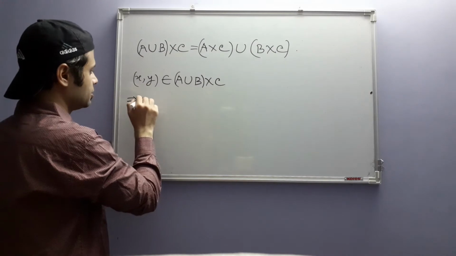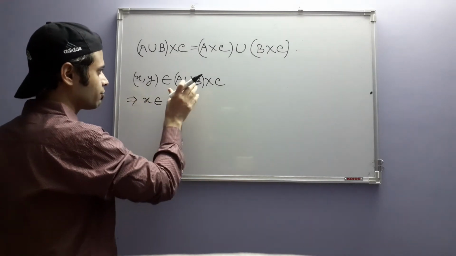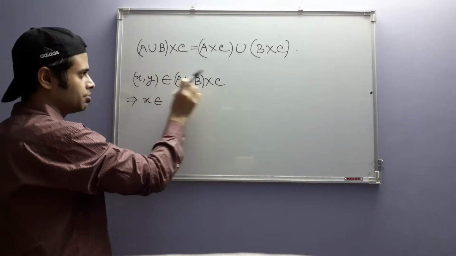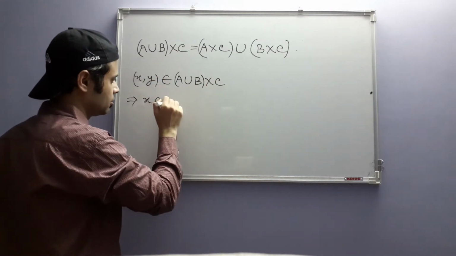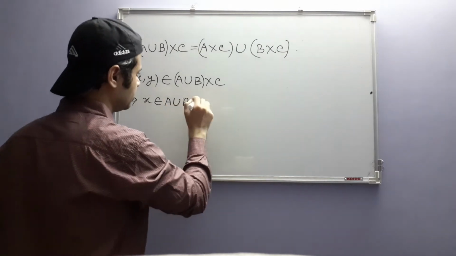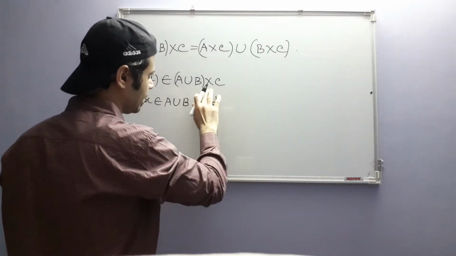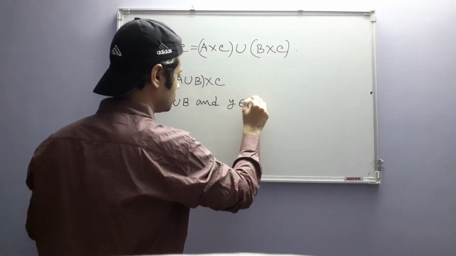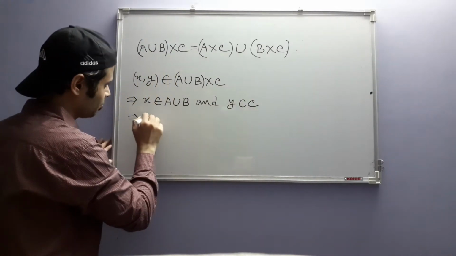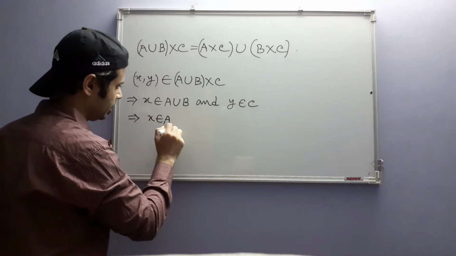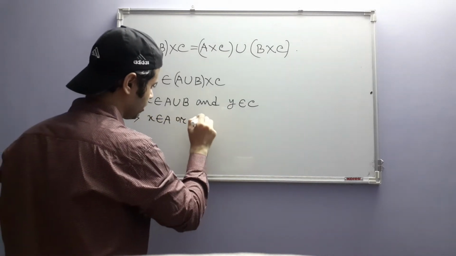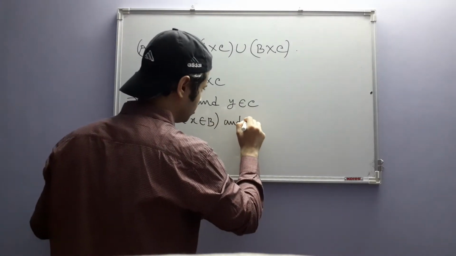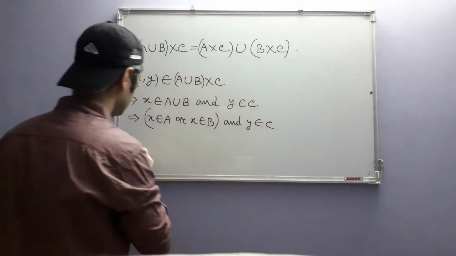This implies x belongs to the first factor, A union B, and because it's Cartesian product, y belongs to C. This implies x belongs to A or x belongs to B, and y belongs to C.